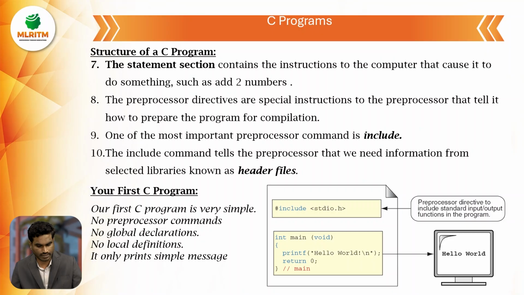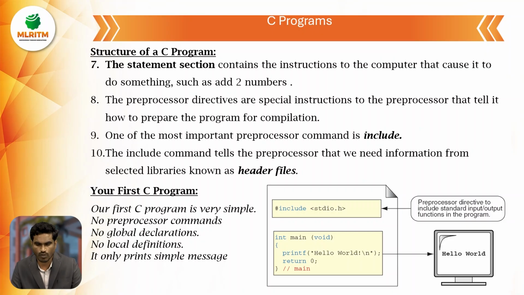Next, your first C program. Hash include stdio.h is the preprocessor directive section. It includes the input output functions in the program. Next one is the main function. In the main function we can write printf.